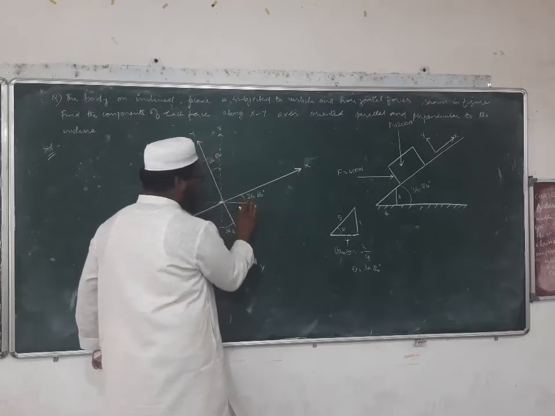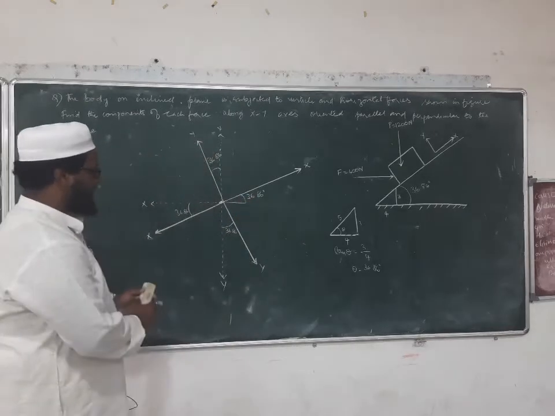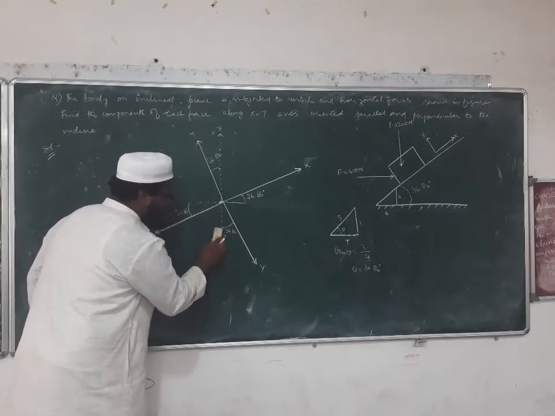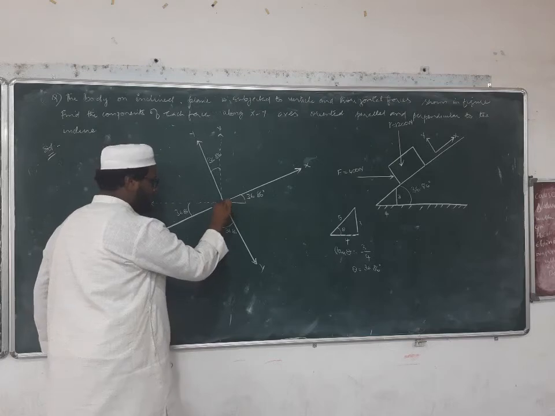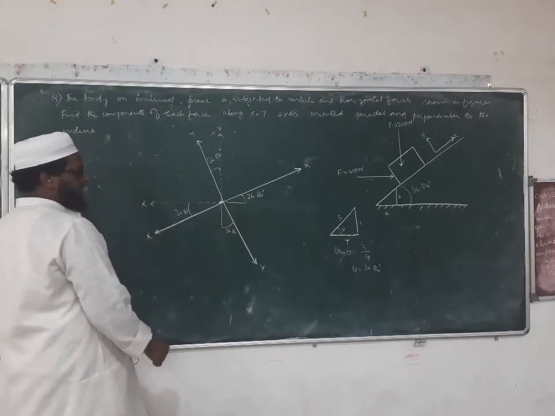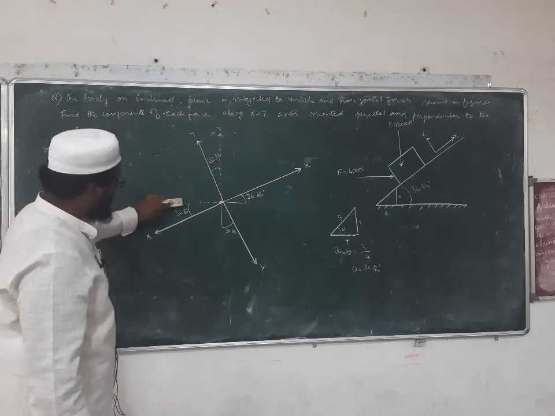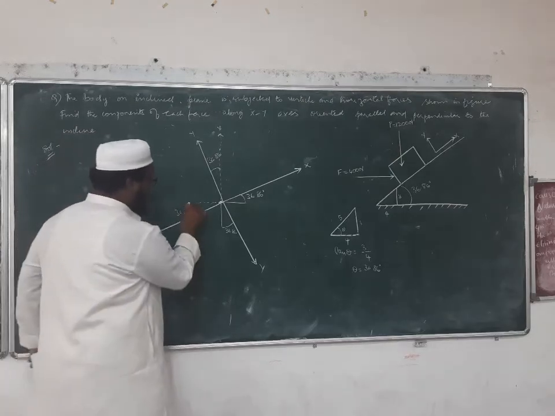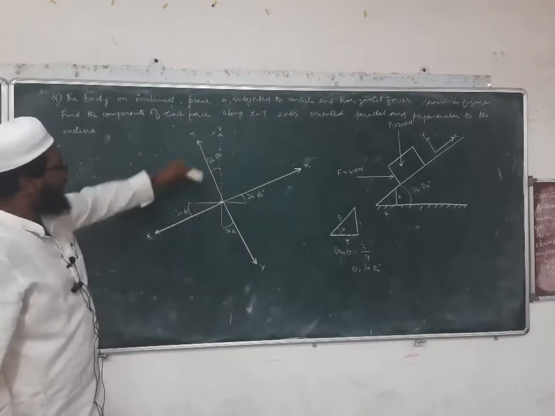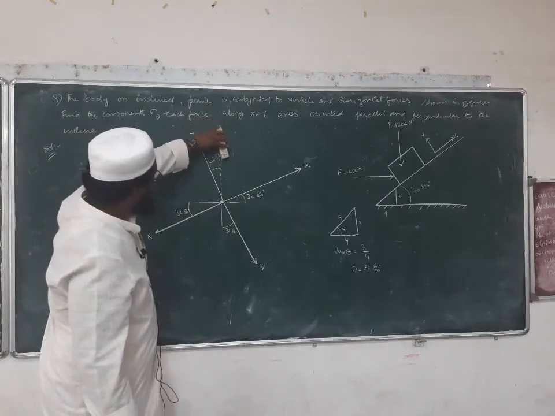This is 36.86 degrees. Now what I will do, I will remove this line also. This angle is 36.86 degrees. Then again I will remove this line and I will keep only this line to understand this angle. Now I will remove this line also.